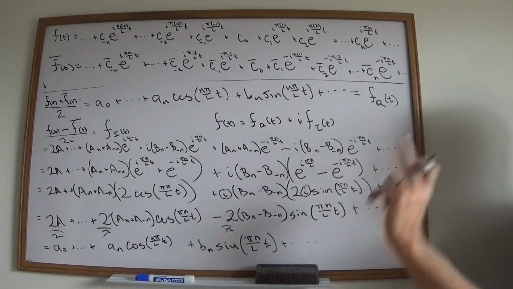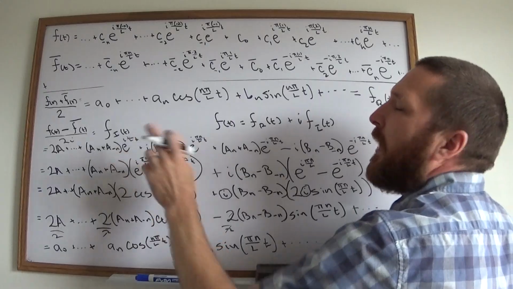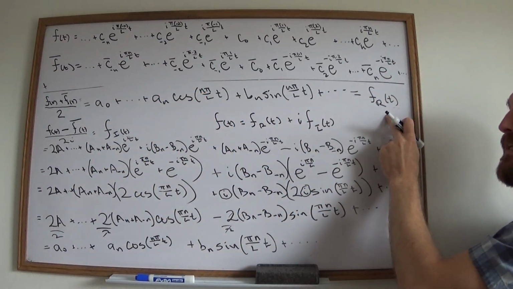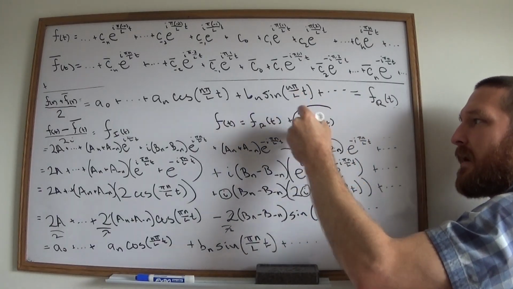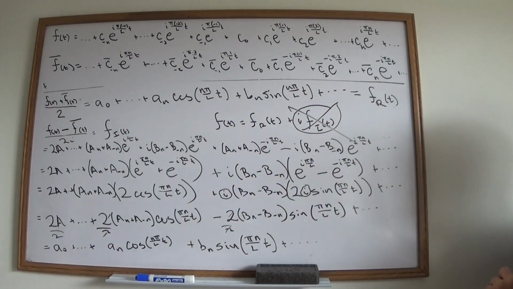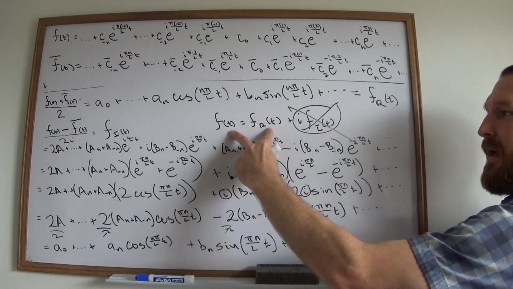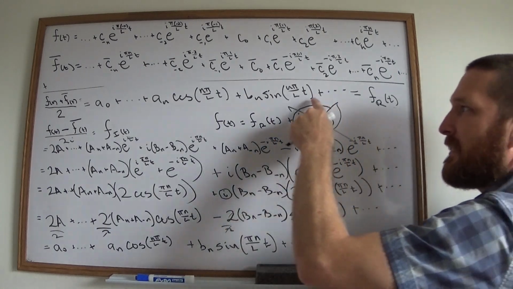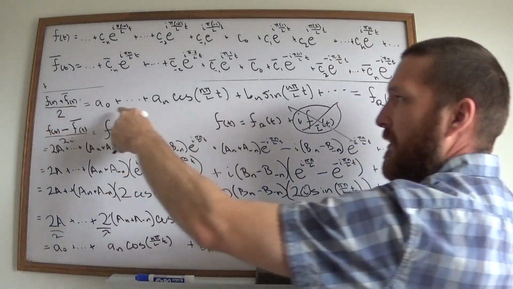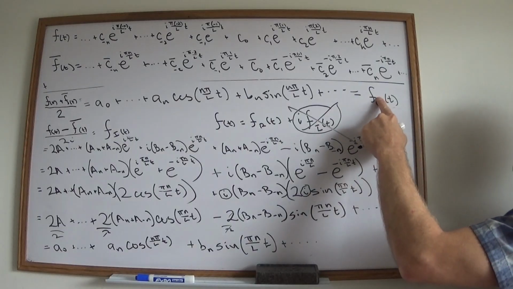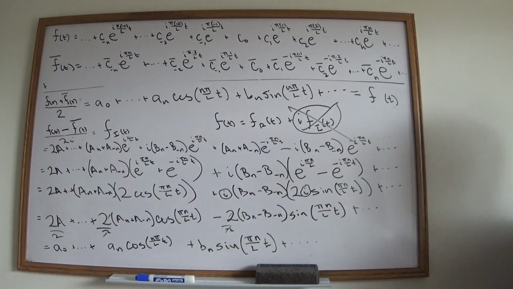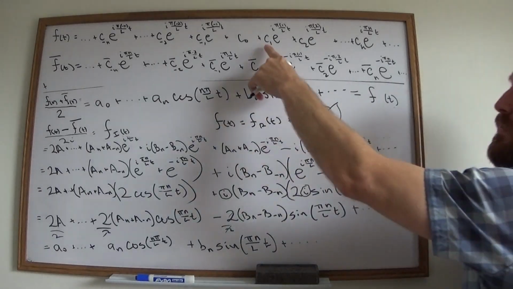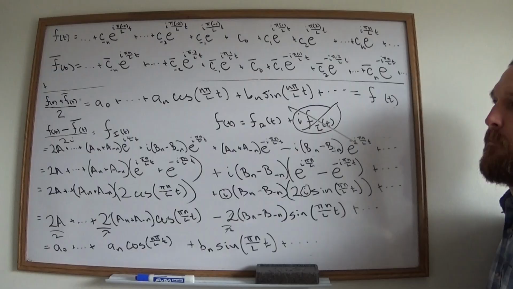But if it's the case that your original function was a pure real function to begin with, then this thing works out to be a big fat 0, and what you have is that your original function, which was real to begin with, is indeed this thing right there. And so you could drop the r and say, yes, since my function was real to begin with, we knew it was real, then this is the same thing as this right there.